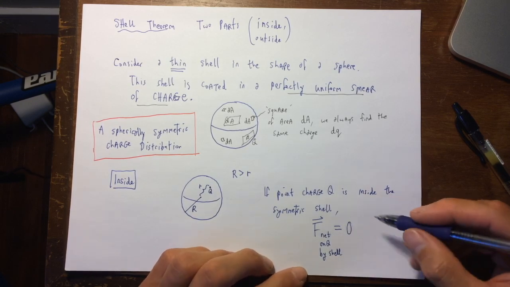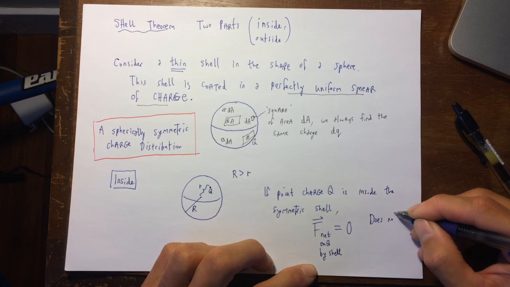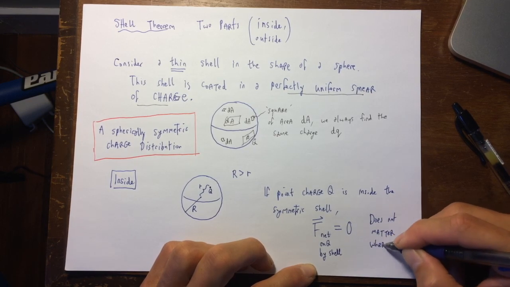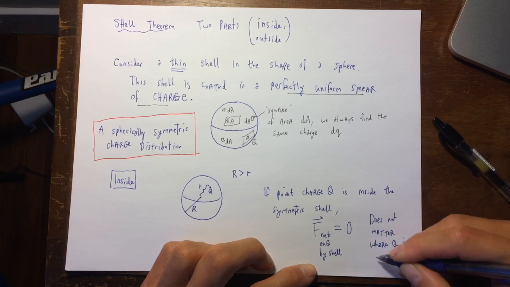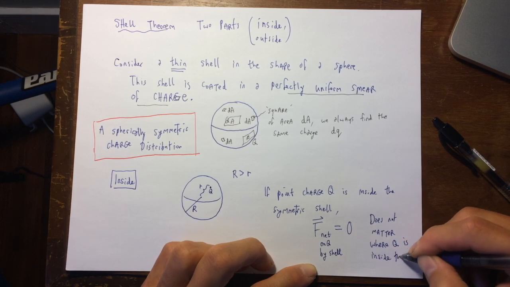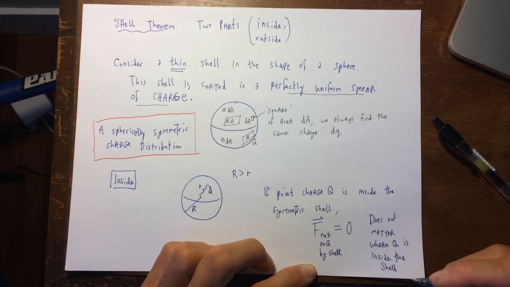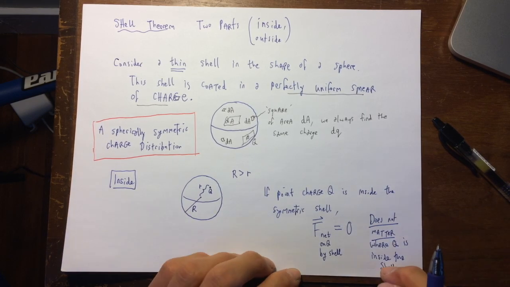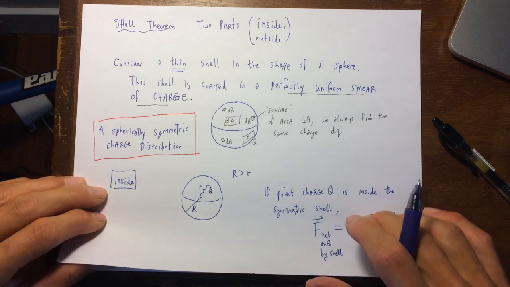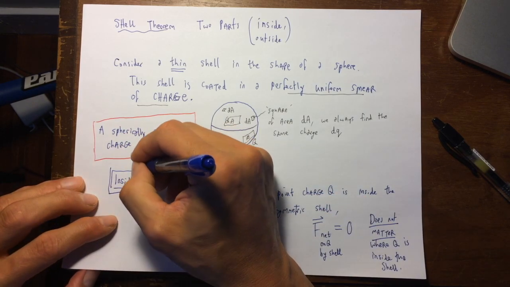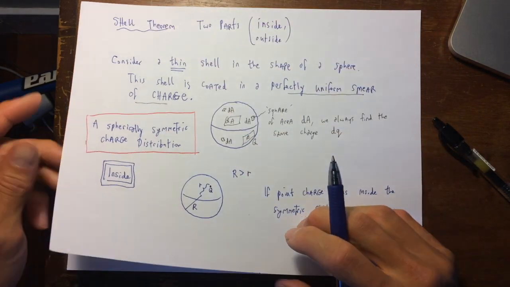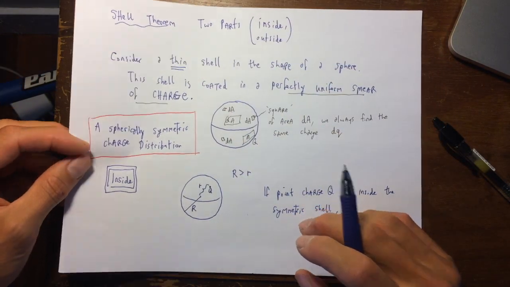And it does not matter where Q is inside the shell. Does not matter. Okay, so that's the inside rule. It's the inside part of the Shell theorem. So let me describe the outside part of the Shell theorem.